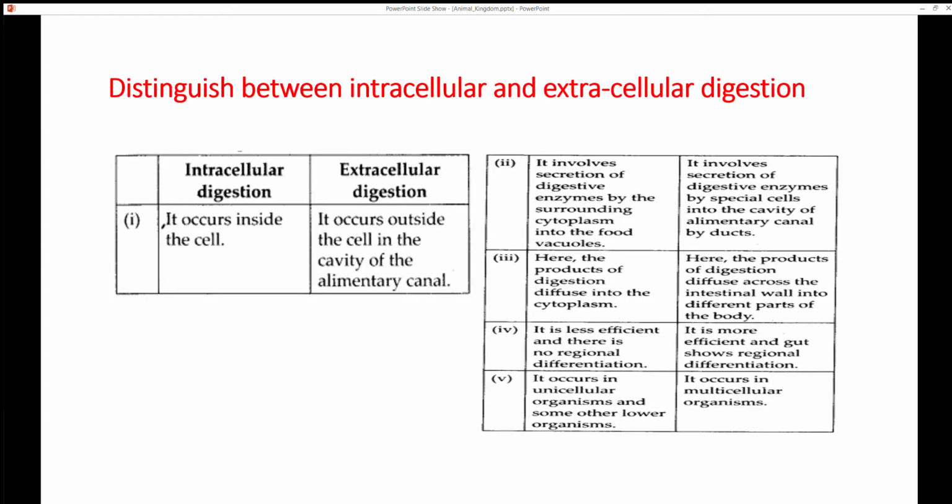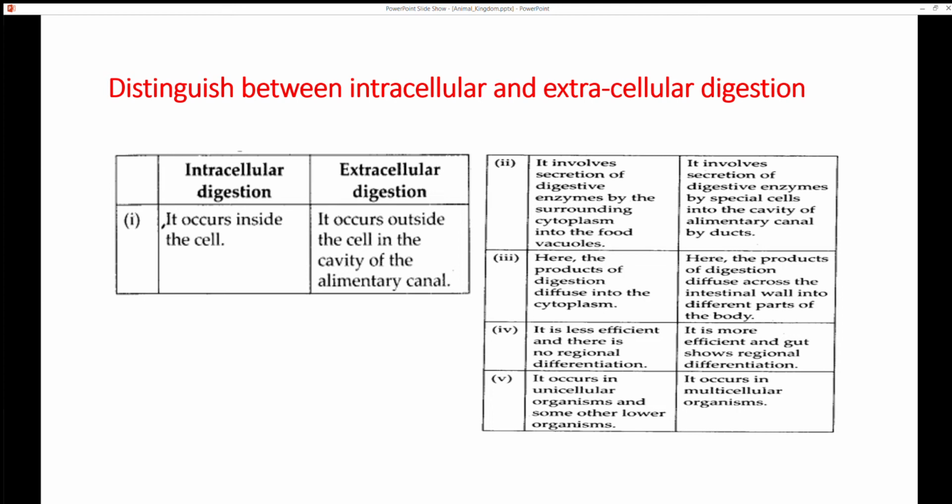So the next point is to distinguish between intracellular and extracellular digestion. The first point is that intracellular digestion happens inside the cell.